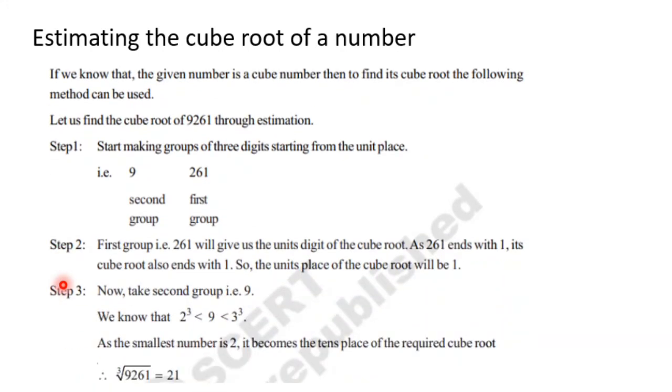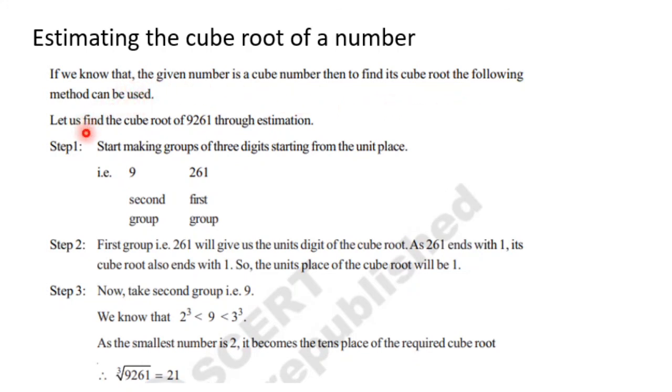Now, we will discuss estimating the cube root of a number. This is finding the cube root of a number by estimation. If we know that the given number is a cube number, then the following method can be used to find its cube root.